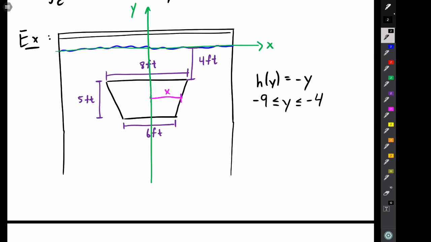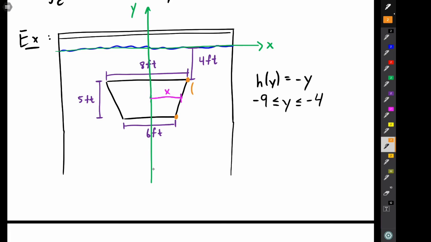Now that we have this, we can figure out an equation for this edge of the trapezoid right here. To do that, we want to give coordinates to these two points. That's not going to be too bad, because we know the whole width of the top is 8 feet.